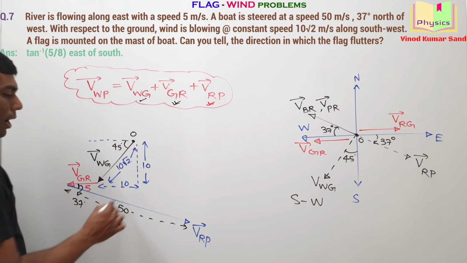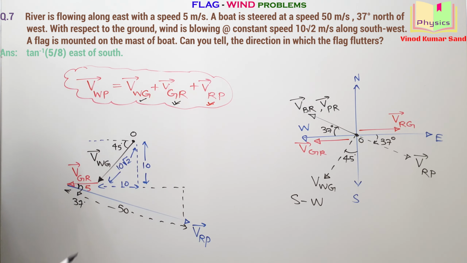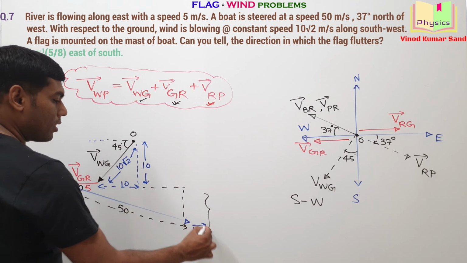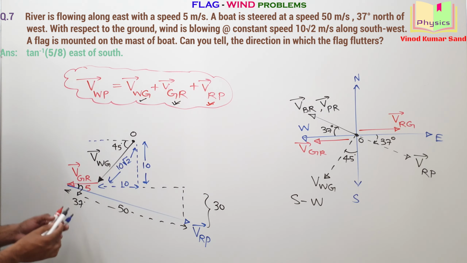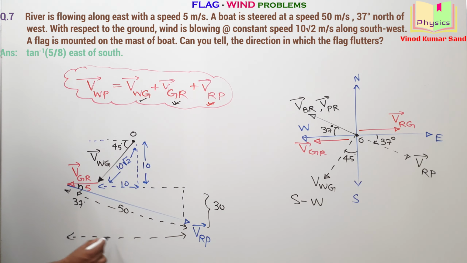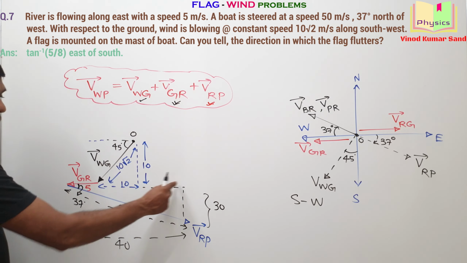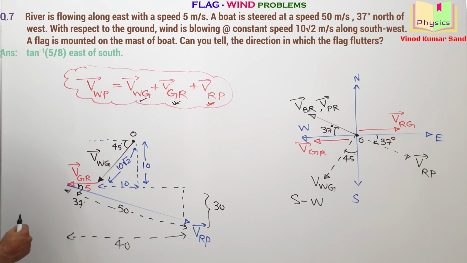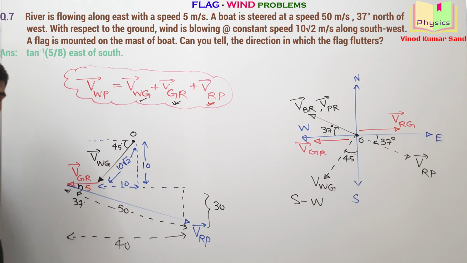So we can mark few more lengths. I wish to complete a triangle here like this. This length should be equal to 30, and this length should be equal to 40. I hope you understand this. 50 cos 37 will give this horizontal length, which will come out to be 40, and 50 sin 37 will give this length, which is equal to 30.